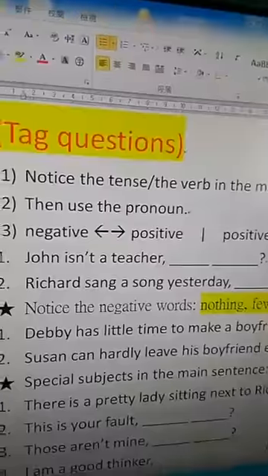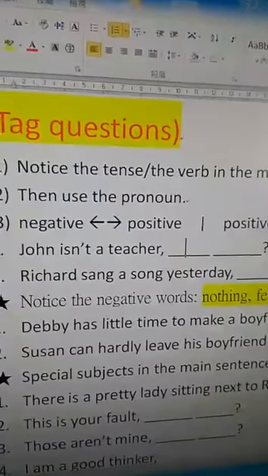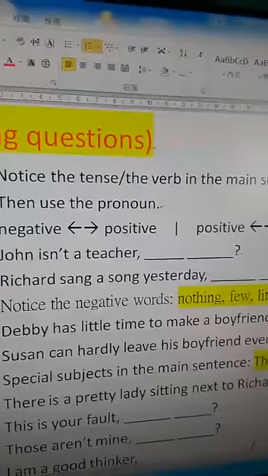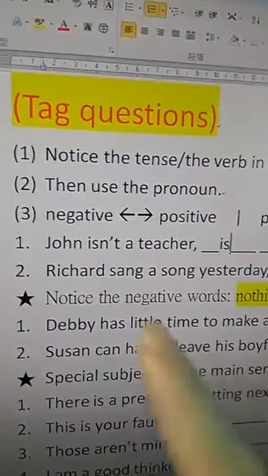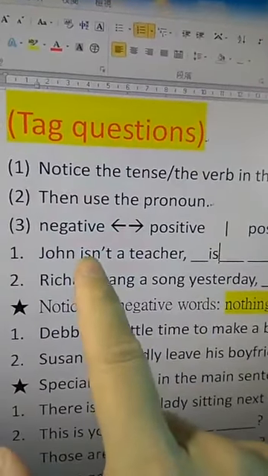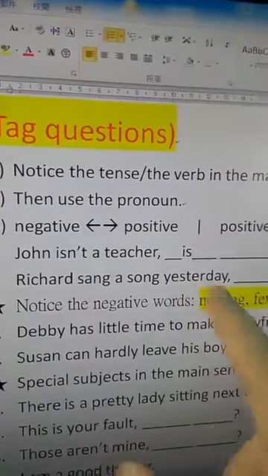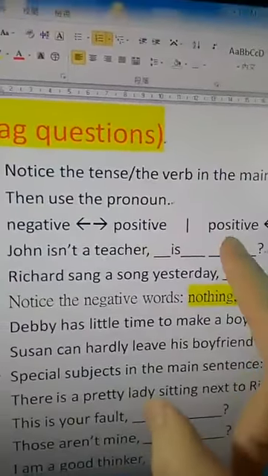Okay, wait a second. How do we write here? What's the blank here? Okay? Yes, we use is here because we have to change the negative to positive. Is, isn't, is. Okay, then we have to use the pronoun here.